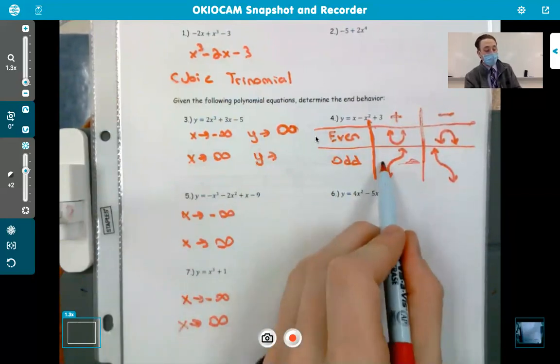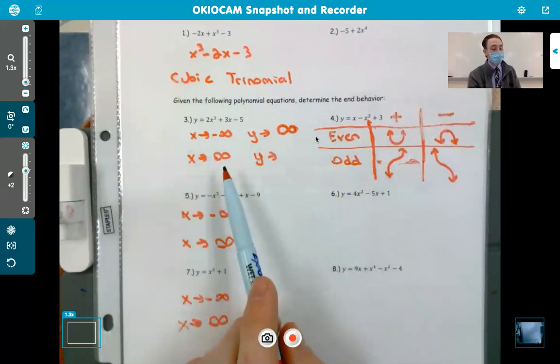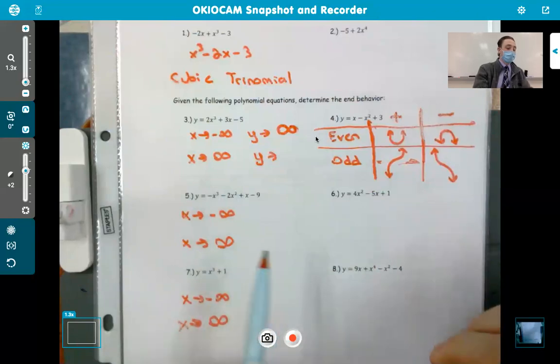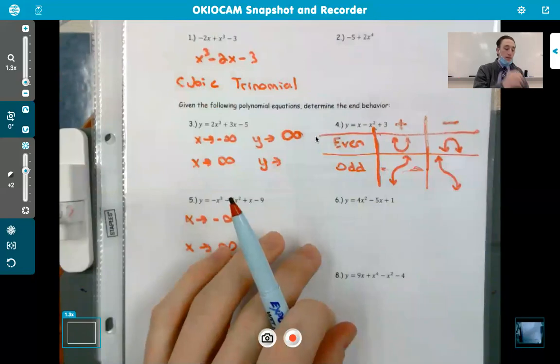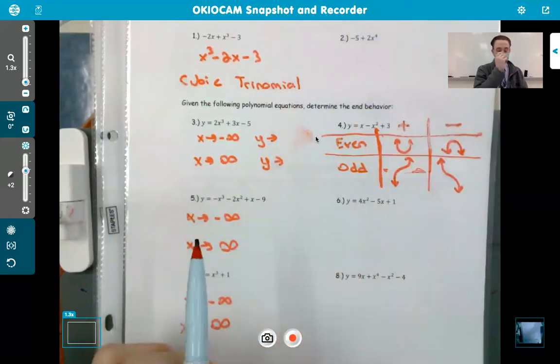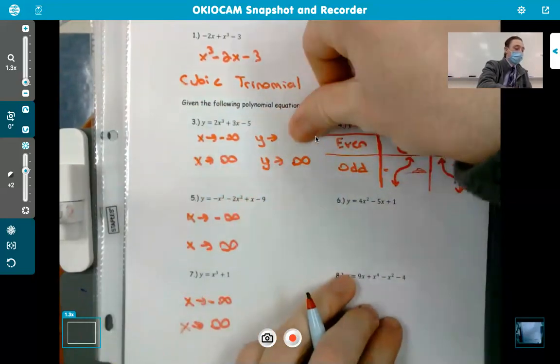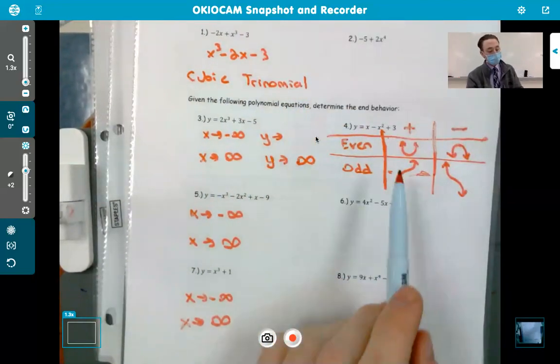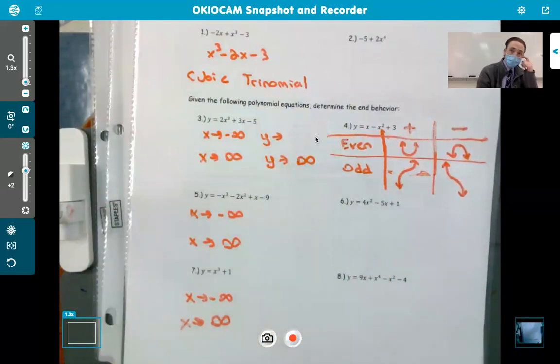What's happening if it's going in this direction? So we answered the positive infinity first, my apologies. As I'm going towards negative infinity, so if I'm going in the left direction, where's my Y going?